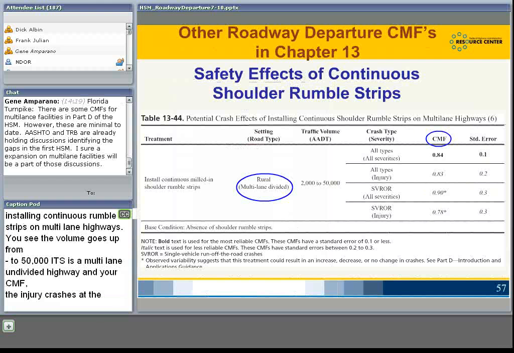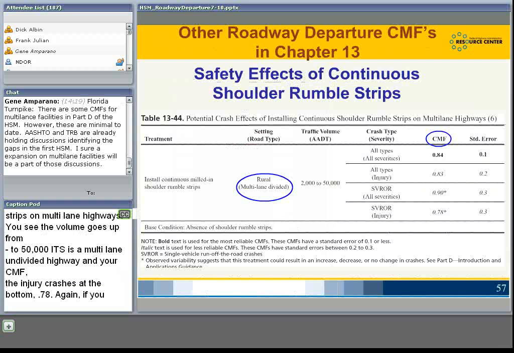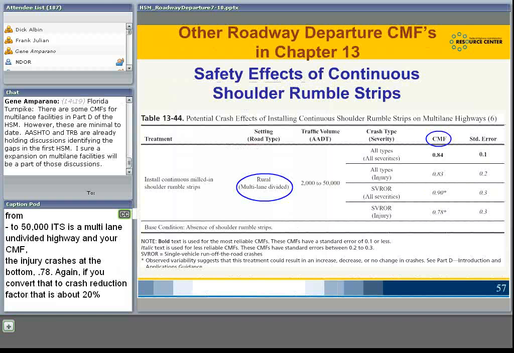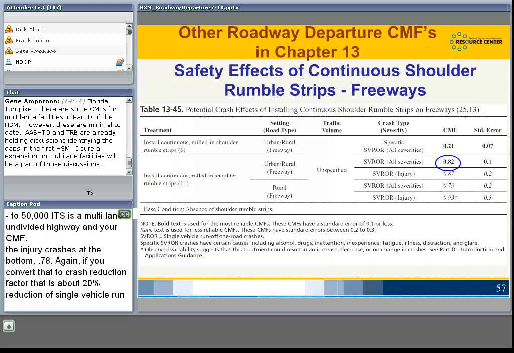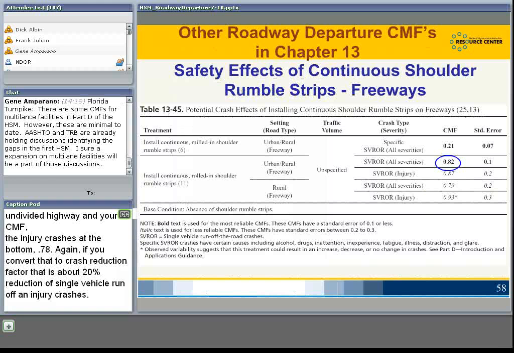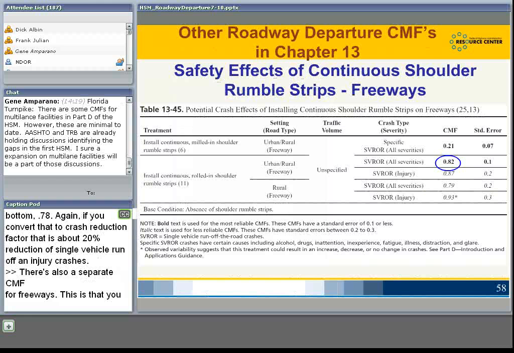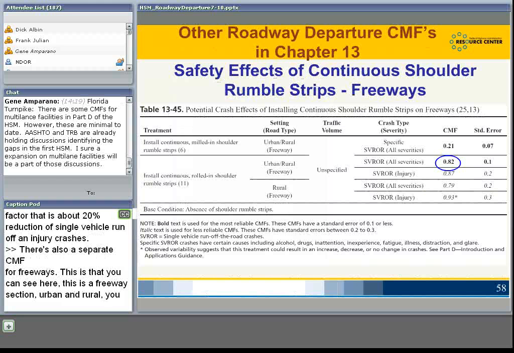You can see the range of volumes goes from 2,000 up to 50,000. In this case, it's a multi-lane, undivided highway. And your CMF for all severities is 0.84. When you look at the single vehicle run off the road injury crashes, down at the bottom, 0.78. So again, if you convert that over to crash reduction factor, it's about a 22% reduction of single vehicle run off road injury crashes.